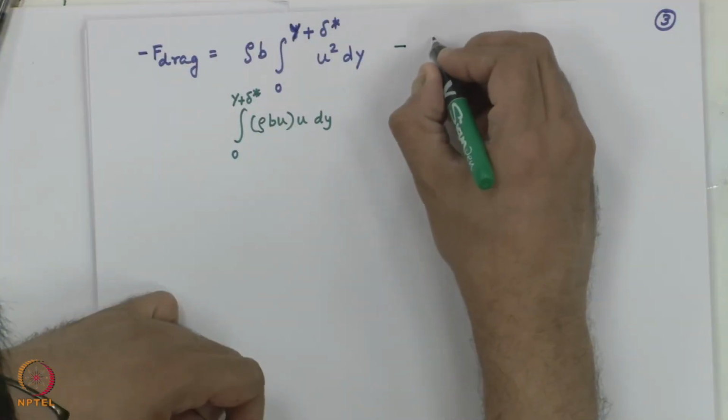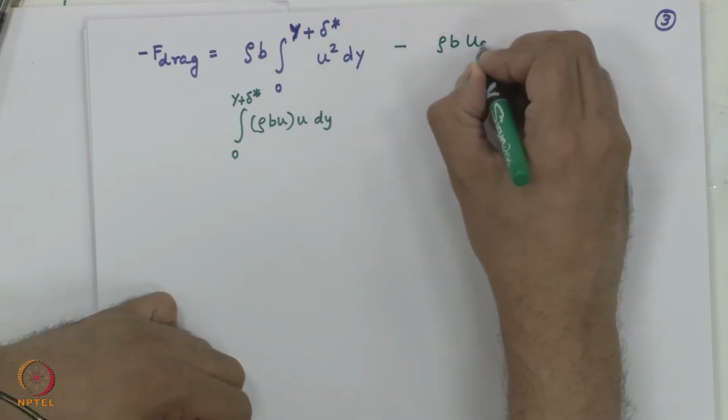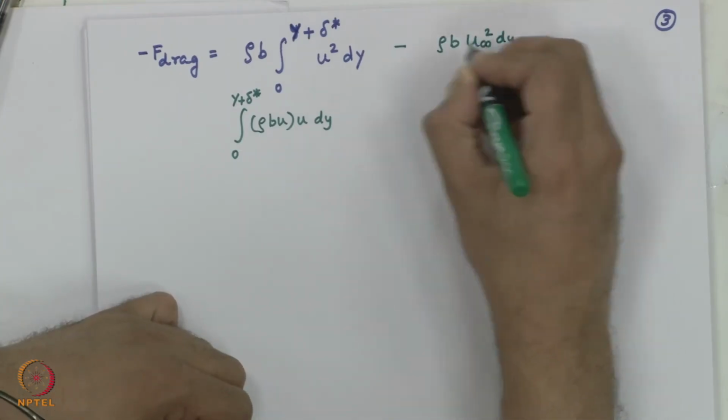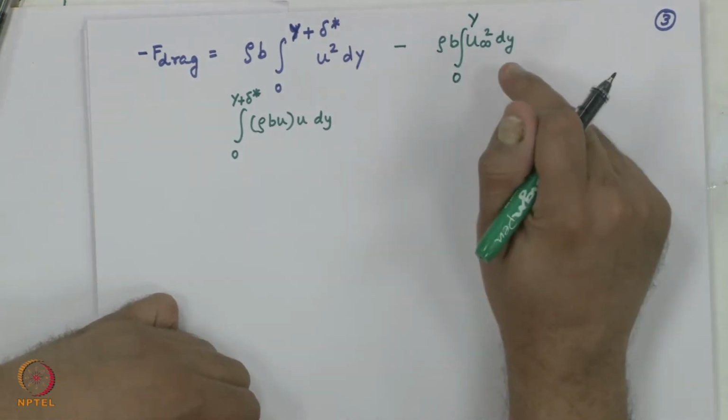So, that is Y plus delta star, because at the exit the displacement thickness delta star is the amount by which the streamlines have been displaced or have been moved. So, this minus inlet or incoming is rho b u infinity squared dy evaluated between 0 to capital Y. Why capital Y?